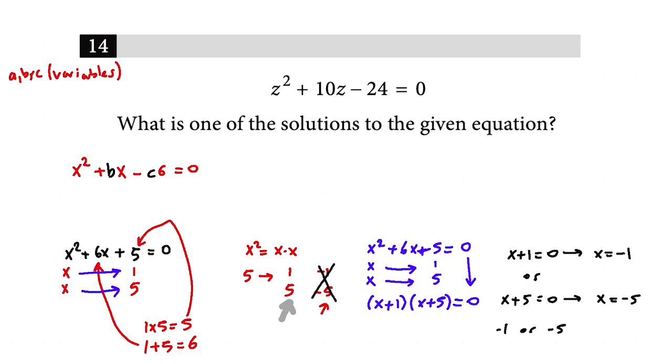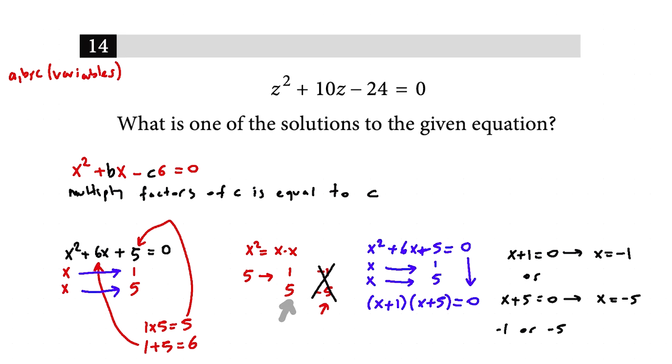So let's write down our rule right now. What is the rule? Whenever you multiply the factors of c, the product must be equal to c.